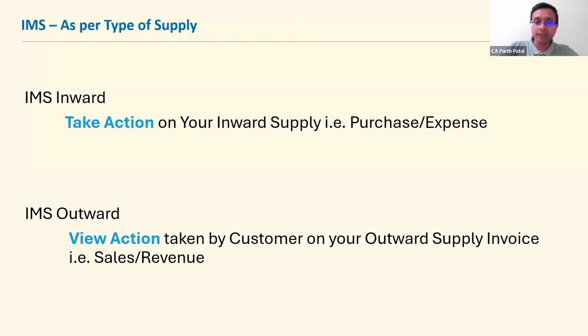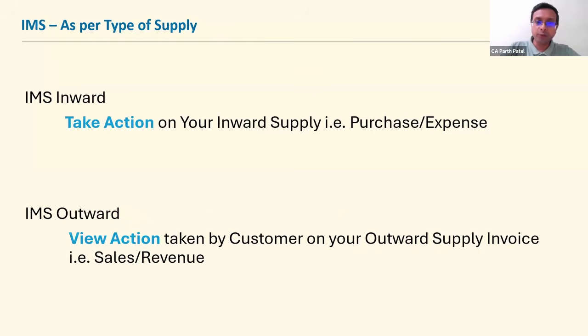Whether they have accepted through IMS or rejected, or they have kept it pending, I can know from the IMS outward itself. And IMS inward is for taking action from our side as a buyer to accept, reject, or keep a particular invoice pending for a specific month.